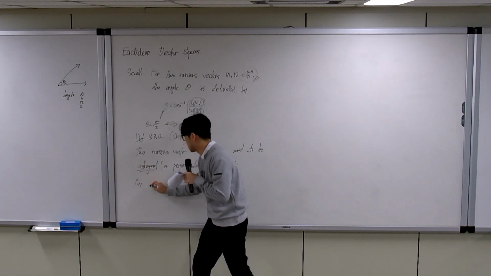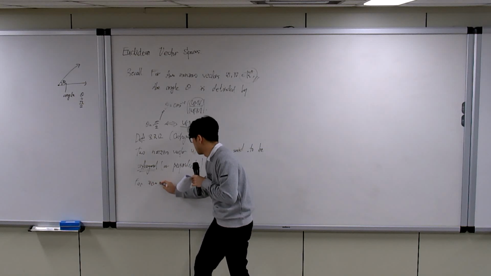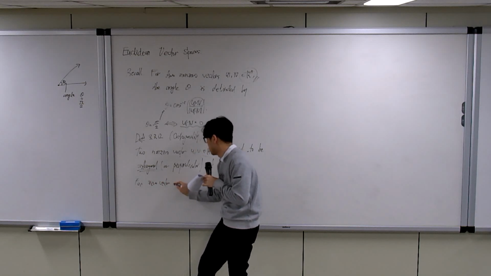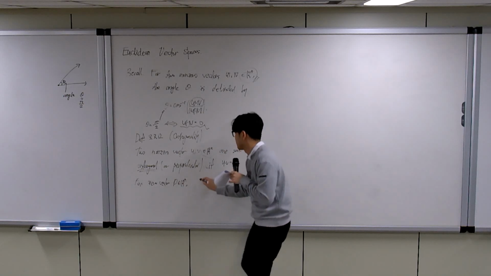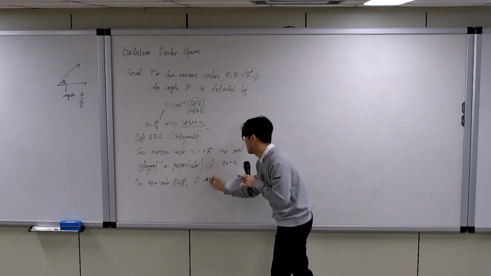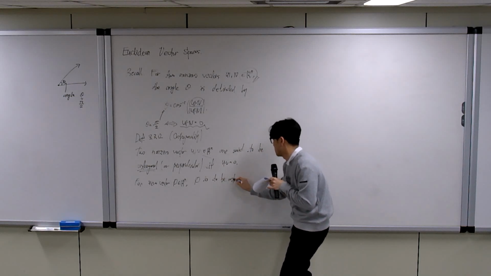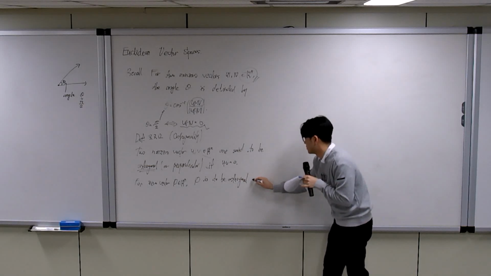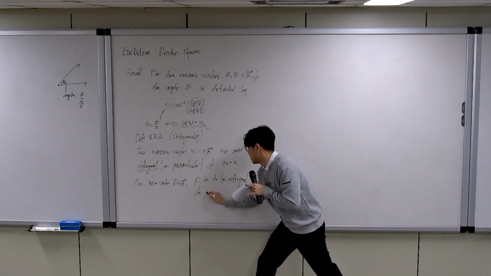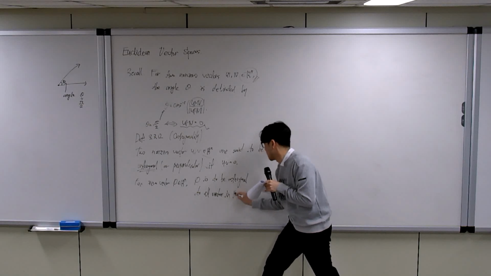In fact, the zero in R to the n is orthogonal to all vectors in R to the n.